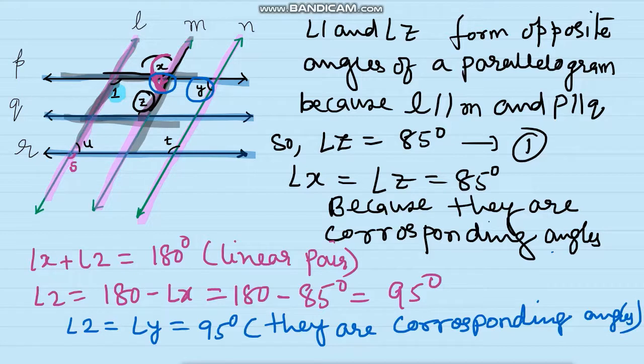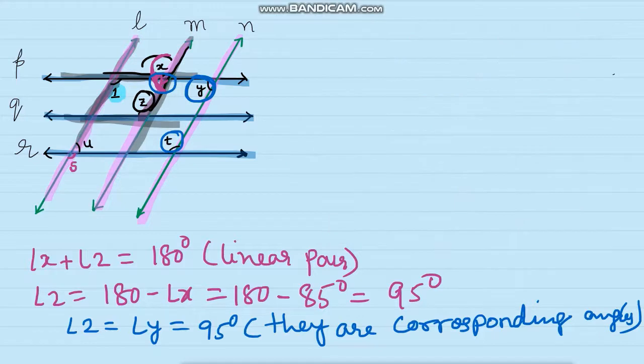Similarly, you can see here this Y and this T, they are forming co-interior angles. If you add Y and T, let me clear the board first. So angle Y plus angle T is equal to 180 degrees because they are co-interior angles.